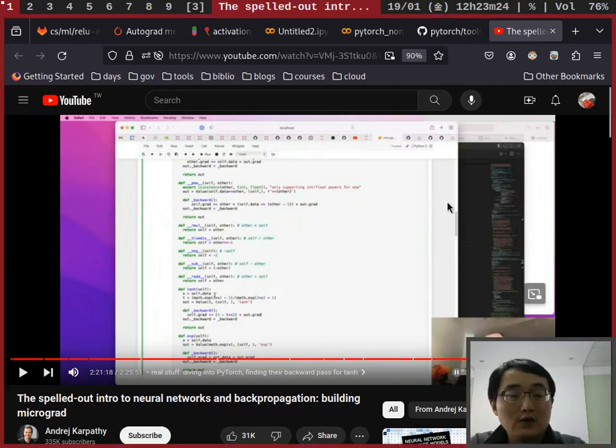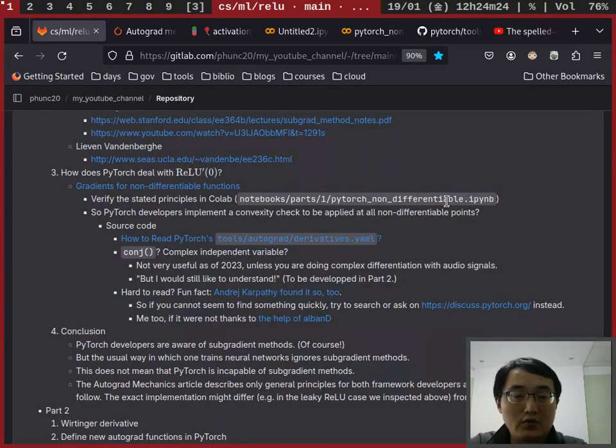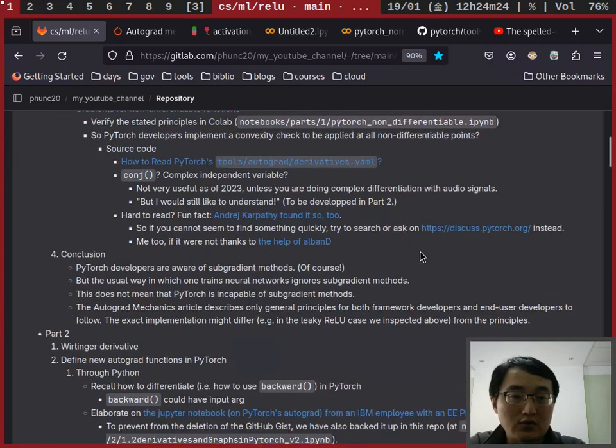So if you want to find something in the PyTorch source code and you cannot make it in a short time, don't feel frustrated. It's actually quite normal. You can simply search on the PyTorch forum here, or if you can't find anything, just try to ask a new question.